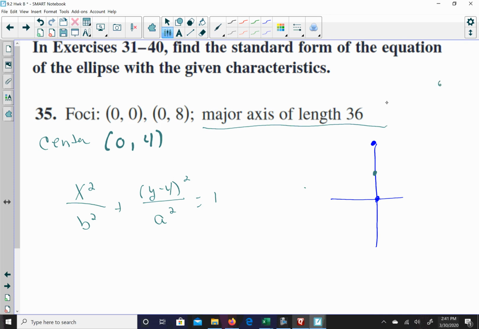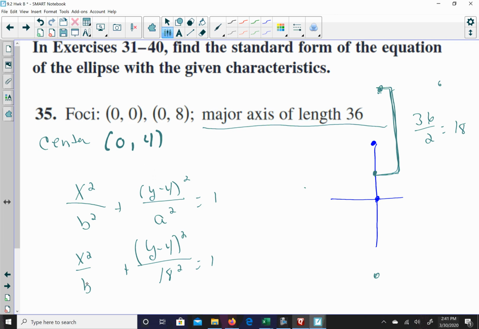That means from here to here is 36, which means from the center to one of those vertices is going to be half that. So I'm going to take 36 and divide that by 2, and I'm going to get 18. So my a is going to be 18. So this will be (y minus 4) squared over 18 squared is equal to 1, x squared over b squared.